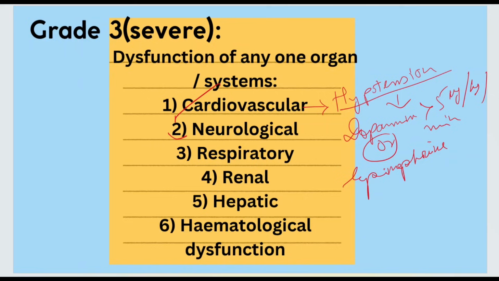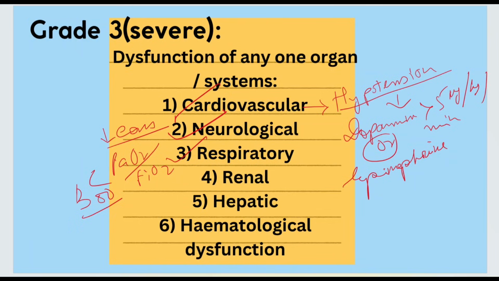Second is neurological. What are the neurological symptoms? Decreased level of consciousness. Third is respiratory failure. How will you assess respiratory failure? We look for PaO2 and FiO2 ratio. If it is less than 300, then we say that this is a case of severe cholecystitis.